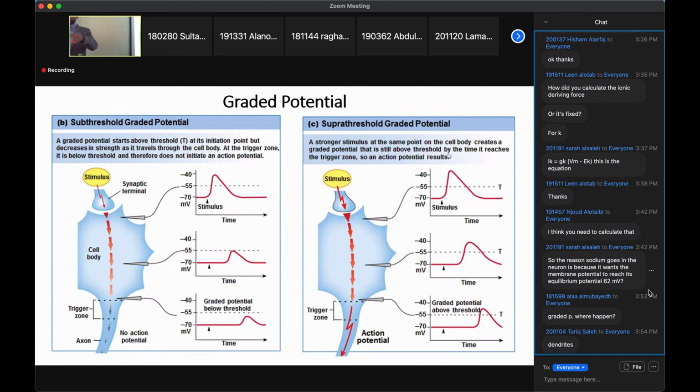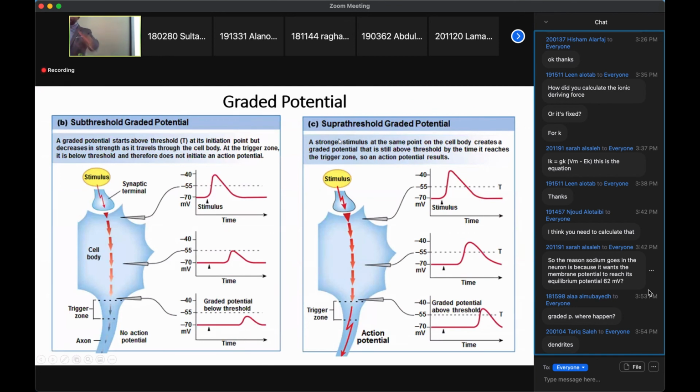So this is just to show you again that if the stimulus was subthreshold, it wasn't a big stimulus, this would result in a small graded potential that is not big enough to take the membrane at the trigger zone to threshold. And so this will not lead to the generation of an action potential.